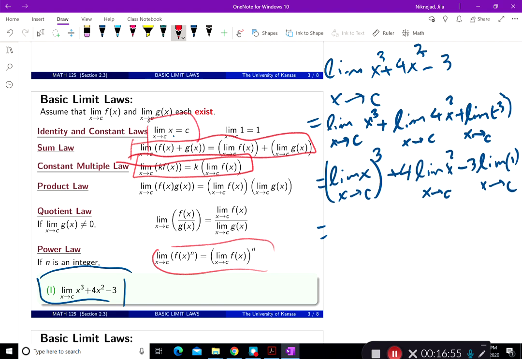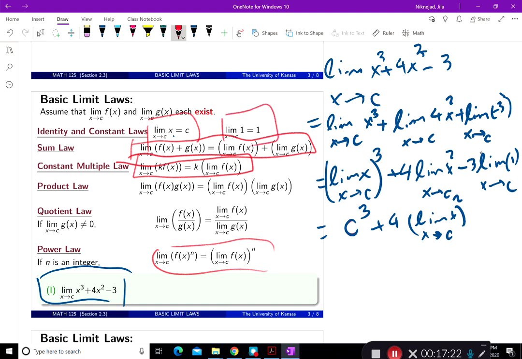Now that I'm at this point, the first one I actually know from this rule. I can use that rule in here. So inside the parentheses is just c, so c to the power 3. Then for the other one, I have to use one more rule. What is that? That's the power law. So limit as x goes to c, to the power 2. And this one is already done also.